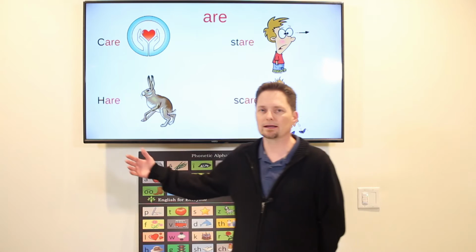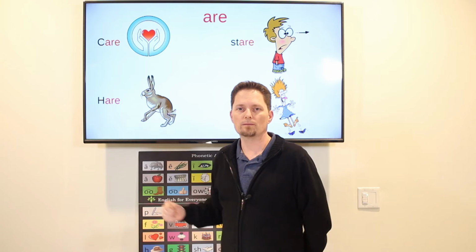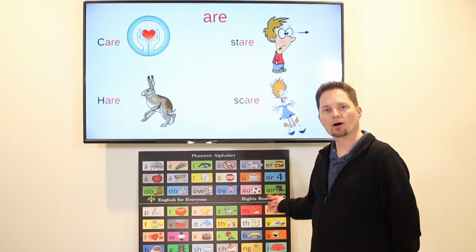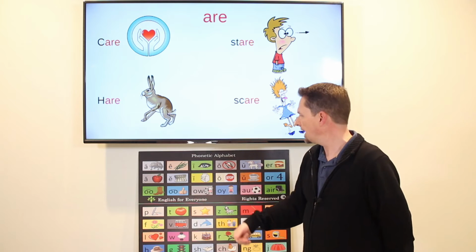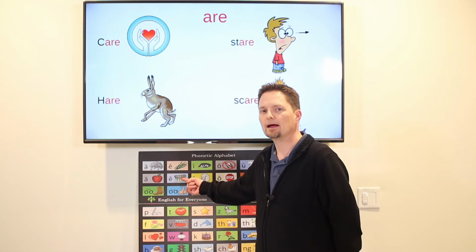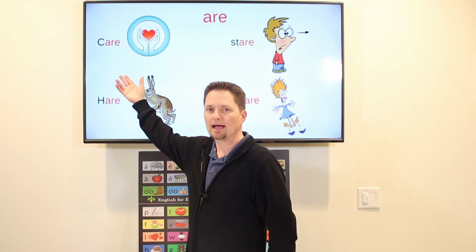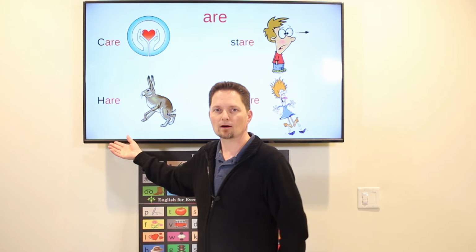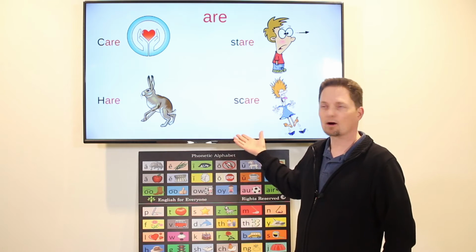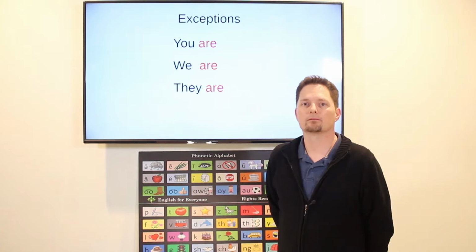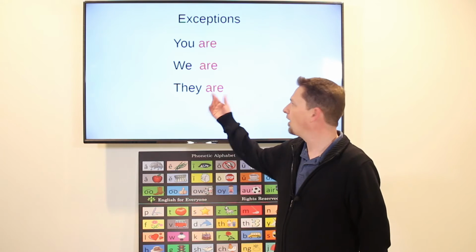When we have the spelling A-R-E, we make the sound air, like chair. And the sound starts with this, air. Examples: care, hair, scare, and stare. Exceptions to the air sound, one exception: are.